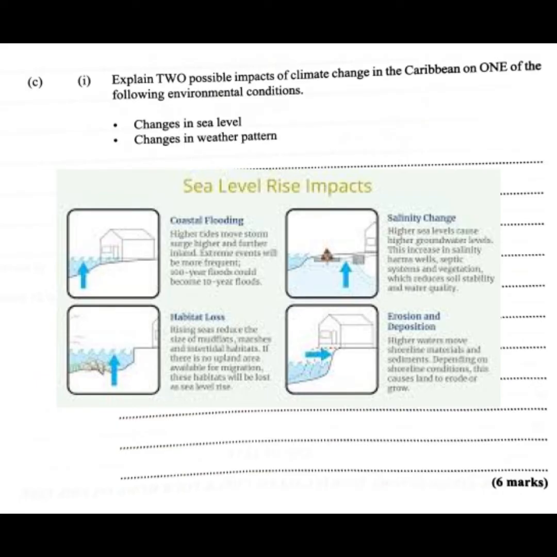Now what you're going to realize is that climate change has significant impact on both changes in sea level and in the weather pattern. So it can cause a rise in sea levels, which could basically flood low-lying islands such as the Cayman Islands and the Bahamas.